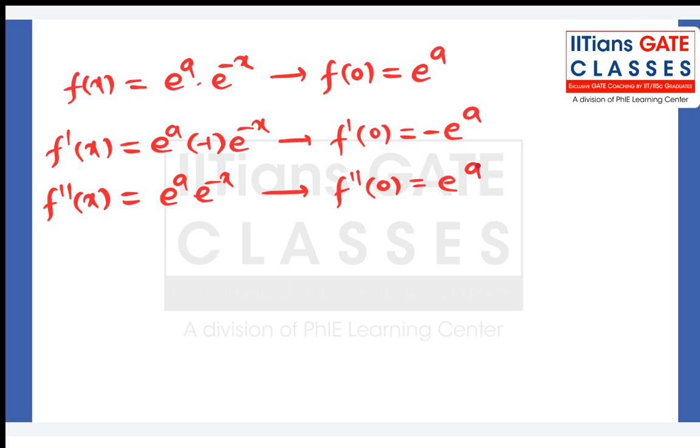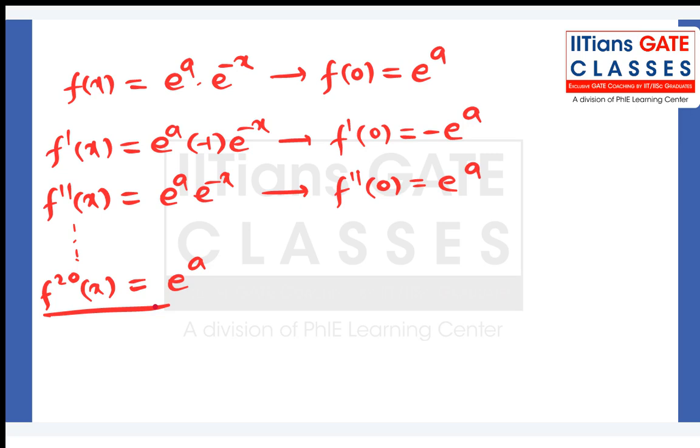So for 20, if you take the 20th derivative of your function, it will be just e power a, because it is an even derivative, right? Second, fourth, like that. If it is the 21st derivative, it will be minus e power a. Okay, so this is fine. So that is the first part.